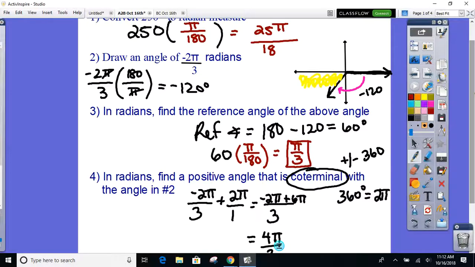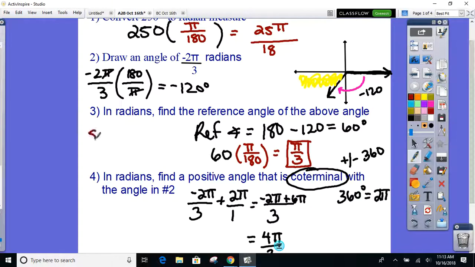Quick question, and this has nothing to do with today, but going into tomorrow. Anybody see anything between the angle I started out with and the reference angle? What's up, Anna? What did this have in it? Pi over 3, right?